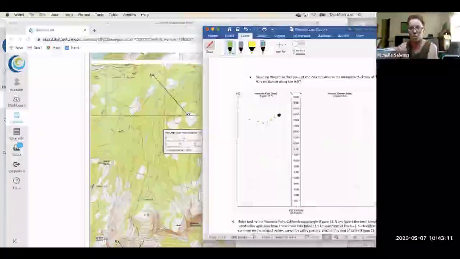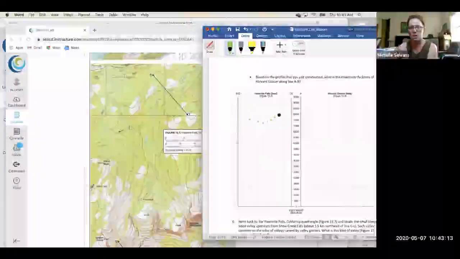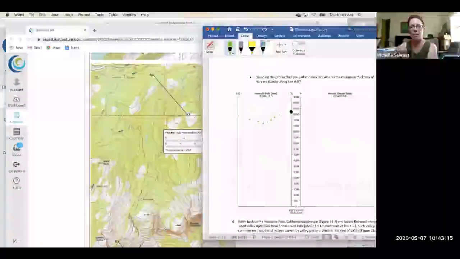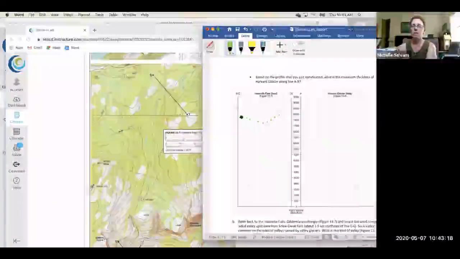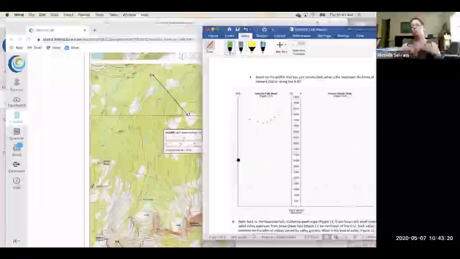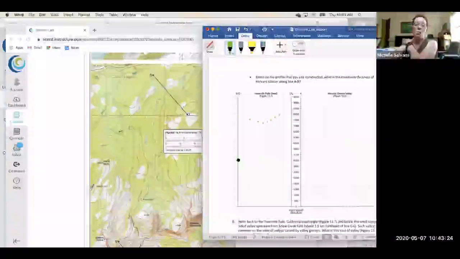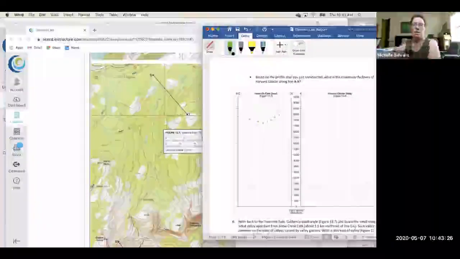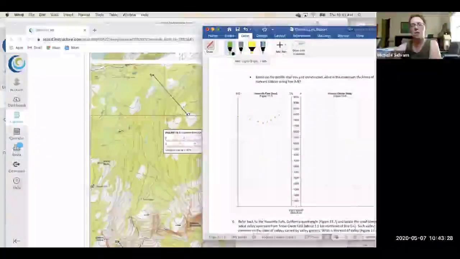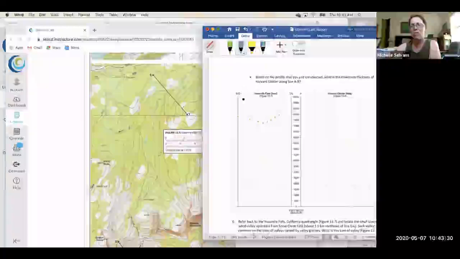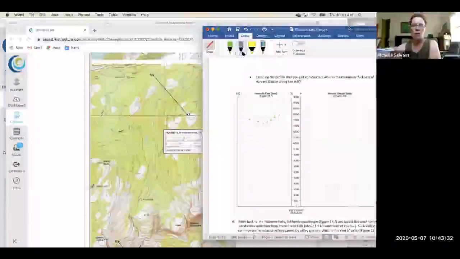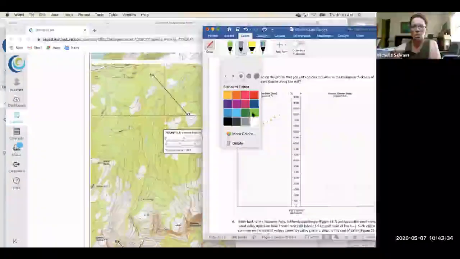So I still need one more for 8,000, maybe about here. And then I have my 8,200 at T right here. So that's how you would put your data points in, reading them from the topographic map. And then I'm gonna just choose a finer line to connect them. And I'll go ahead and choose the same color.